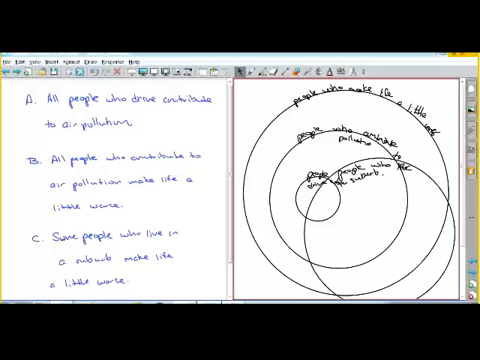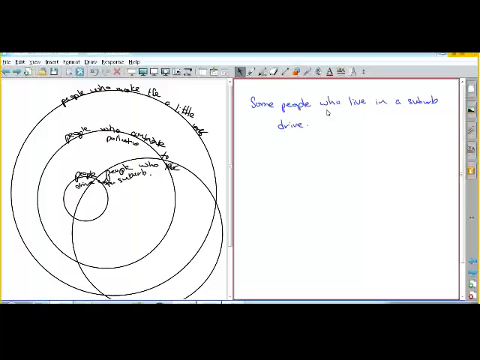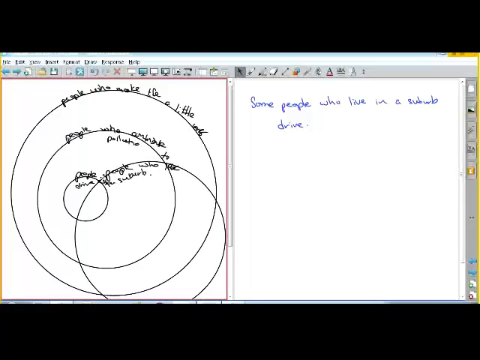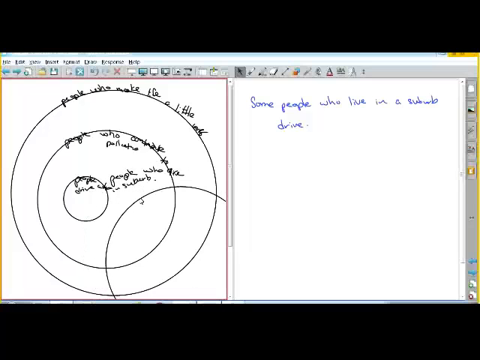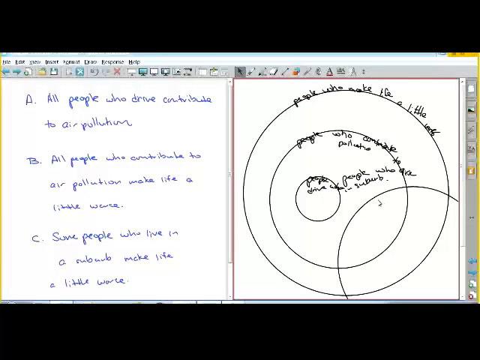Anytime you use words like "all" too much or words like "some," using the Euler diagrams is not very useful. That's the gist of the whole thing. And this is the conclusion: some people who live in the suburb drive. Well, I made that assumption here, but I really don't know where that thing overlaps. All I know is that the "some" means that this thing overlaps with make life a little worse.